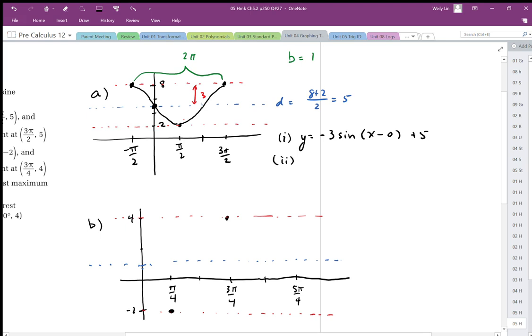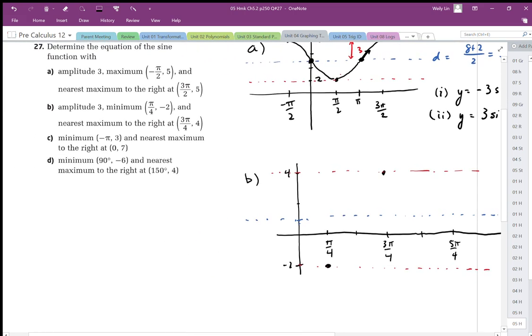We could take this point here and find the middle point of 1/2 and 3/2. That's just pi, and we can say we're going up from that middle point, so that's a positive sine function, so positive 3 sine x minus pi in this case, because that pi represents the starting point, and everything else is the same.